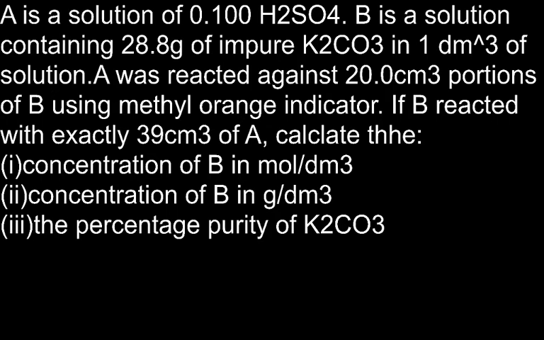That word impure means B is not a pure substance. It means impurity is present in B, so B contains both pure and impure substances. So we want to know the percentage of the pure substance that is present in this 28.8 grams of the impure potassium carbonate.